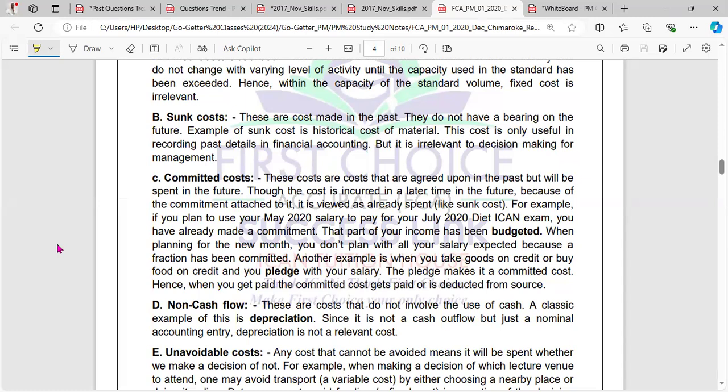Now, if your salary is 200,000, you can't be planning with the whole 200,000. The 30,000 which you have committed yourself to is a committed cost. So you are just mentally removing that cost from your salary because it's as good as being spent. Now that is not a relevant cost because it is already spent in your mind. It is seen like a sunk cost.